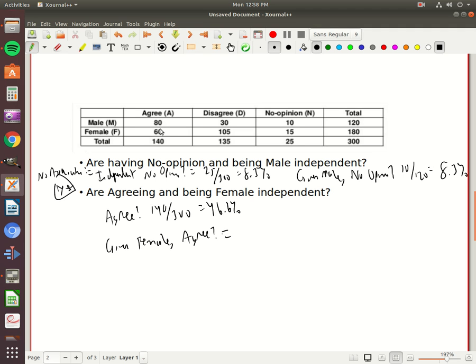And given that you're a female, there's a 60 out of 180. So that's 33%. So we would say that there is an association. And if there is an association, we would say that they are dependent. So I would say no, they're not independent. They are dependent, right? It matters if apparently a woman is less likely to agree.